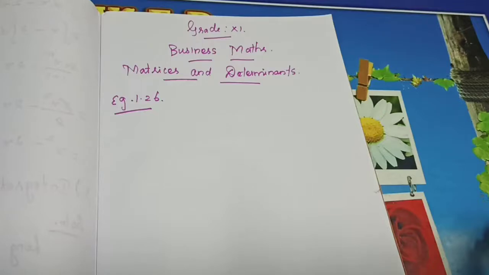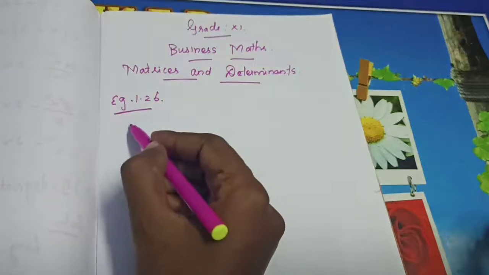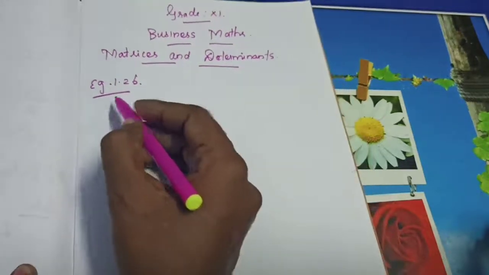So here we need to find the output as well as labor days. Now we are going to form a tabular column from the given question. Here the technology matrix is given. First let us form the tabular column. Solution.